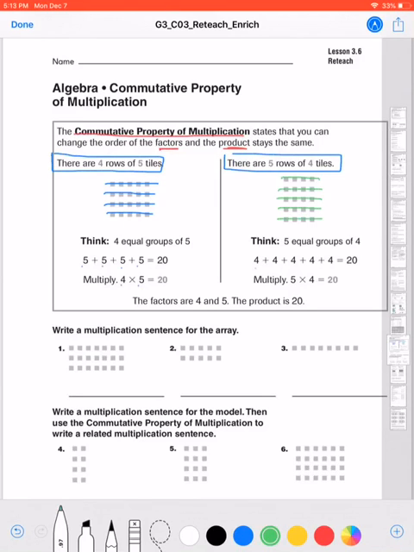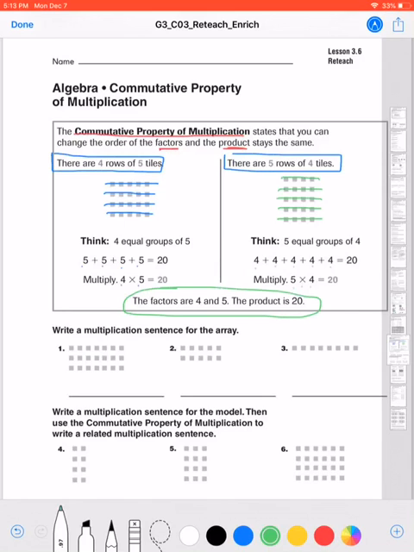So we would add 4 plus 4 plus 4 plus 4 plus 4, and it would equal 20. And then we can multiply 5 times 4, and that would also equal 20. So the factors are 4 and 5, and the product is equal to 20. No matter what way you multiply 4 and 5 together, they're always going to equal 20.